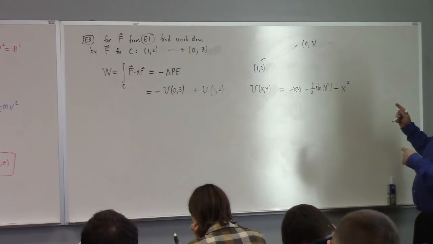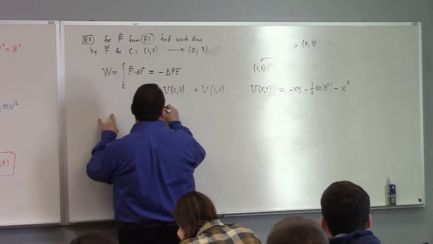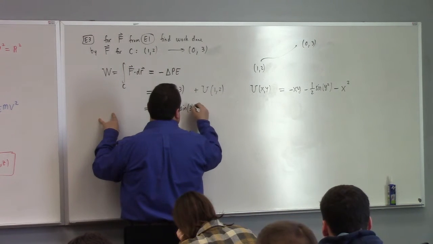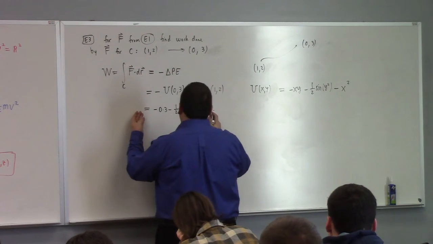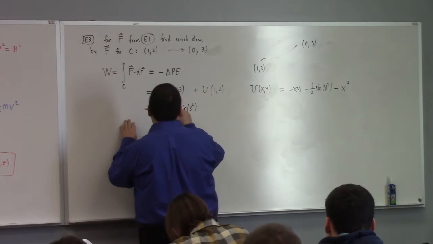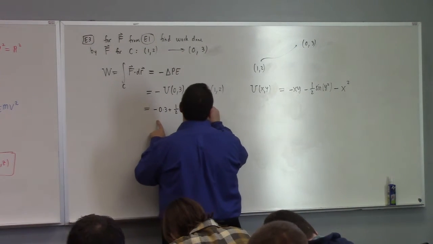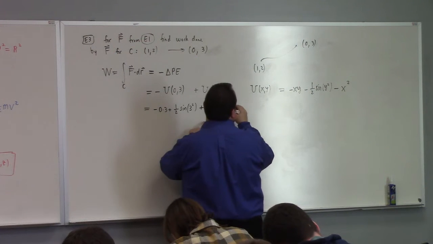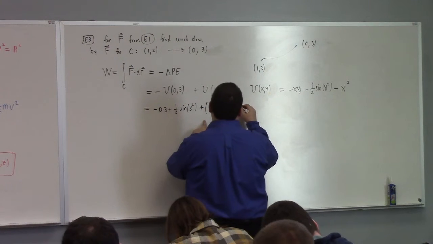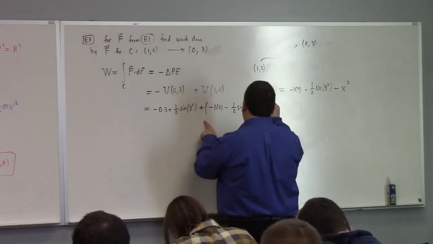Okay, so plug it in. What do you get? Minus 0 times 3 minus 1/2 the sine of 3 squared. There's my u of 0, 3. I better put a parenthesis here. That's a minus, which gives me a plus that. And then plus u of 1, 2, so I get minus 1 times 2 minus 1/2 sine of 4 minus 1.